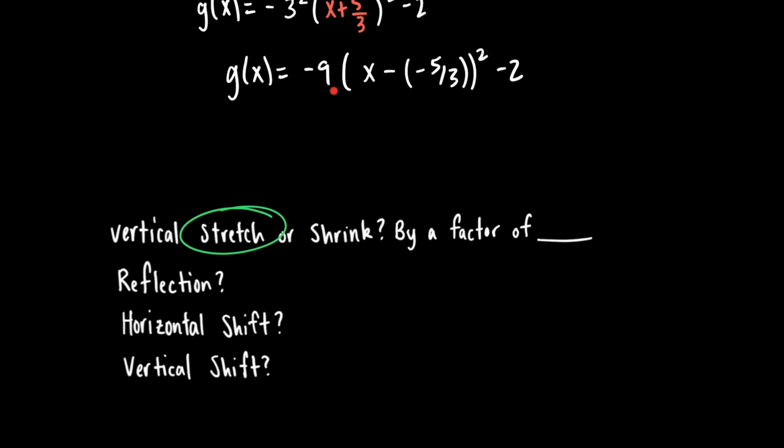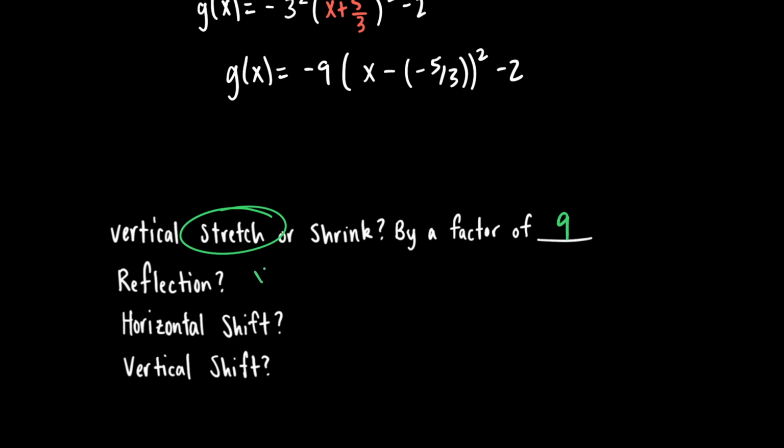If this number happens to be between 0 and 1, and you could take the negatives as well, so really anything between -1 and +1, if you have a number in there other than 0, like 0.5 or -3/4 or 1/3 or -2/3, you're going to have a vertical shrink. But in this case, we have -9, so 9 is much bigger than 1. So we have a stretch by a factor of 9.